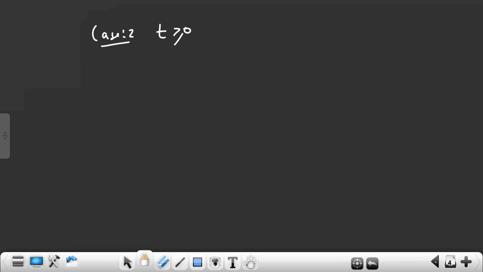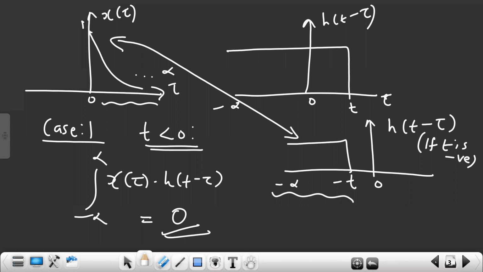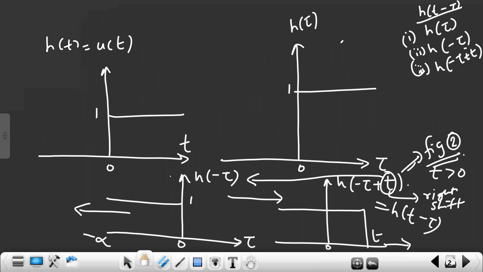If t is greater than or equal to 0, t will be a positive value, or t can be 0 here also. Correct? If t is 0, h of t minus tau is equal to h of minus tau itself, which means the signal will be this only, h of minus tau, the previous signal.